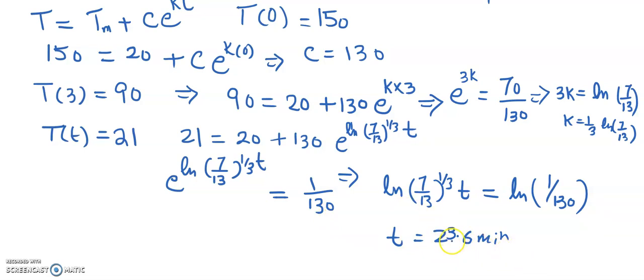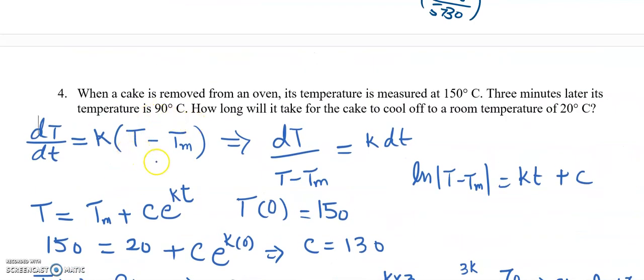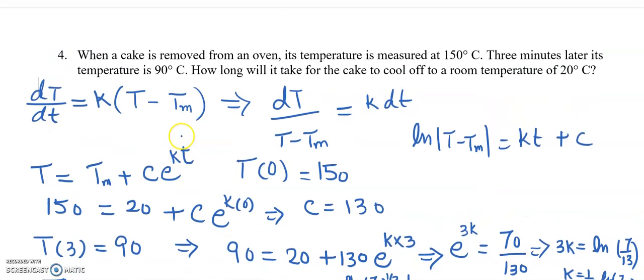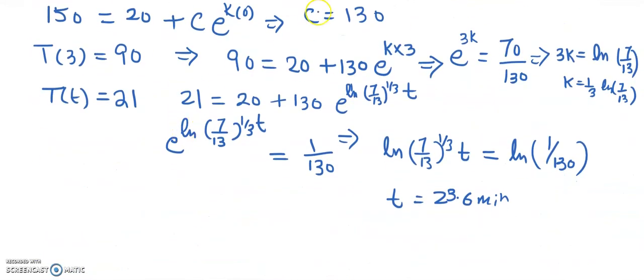At 23.6 minutes the temperature will reach 21 degrees centigrade, but from 21 to 20 degrees centigrade it will take a very long time, because here the difference between T and Tm is very small. When the difference is very small, the rate of temperature change will also be very small. So for 20 degrees centigrade it will take an infinite amount of time.